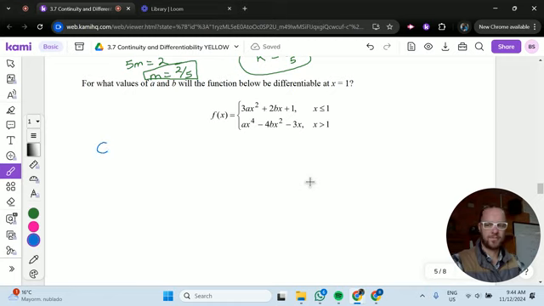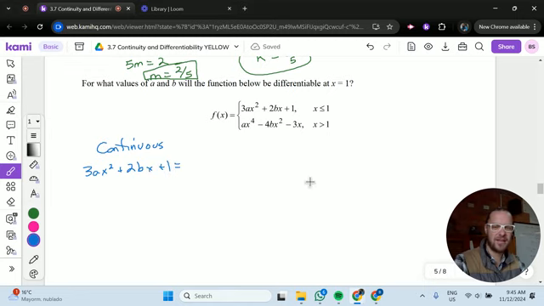Yep, I will. So we'll start off with continuous, which just means that I'm going to make these two sides equal to each other. Well, you know what? Let's do it the long way. 3ax squared plus bx plus 1 is going to be equal to ax to the 4th minus 4bx squared minus 3x.